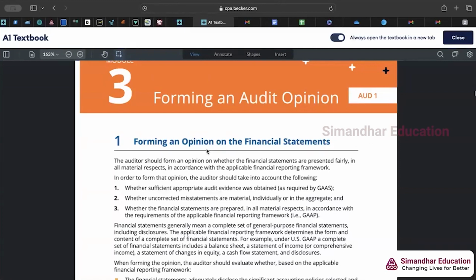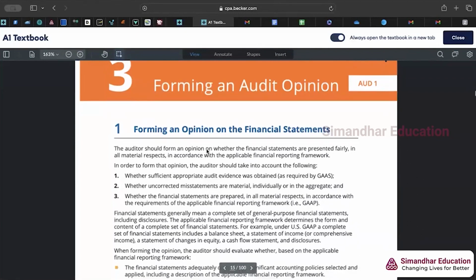Now, what does this mean? The auditor is going to issue an opinion on two things. One, GAAP issues, that is financial statement related issues, or GAAS issues, audit related issues.